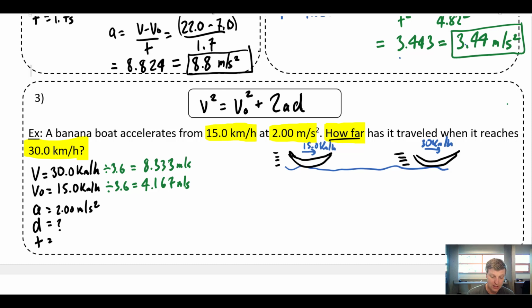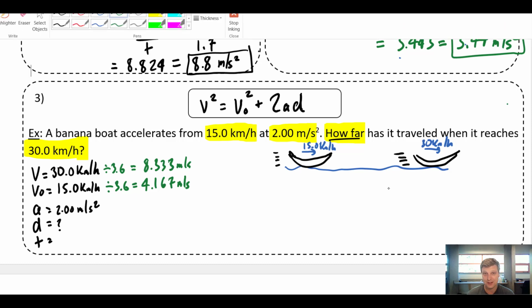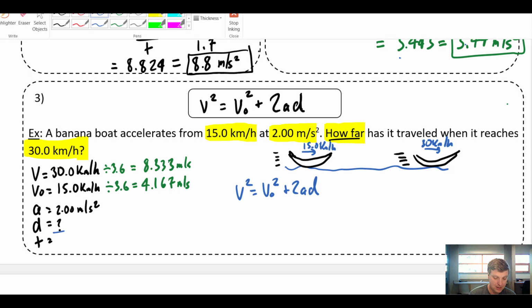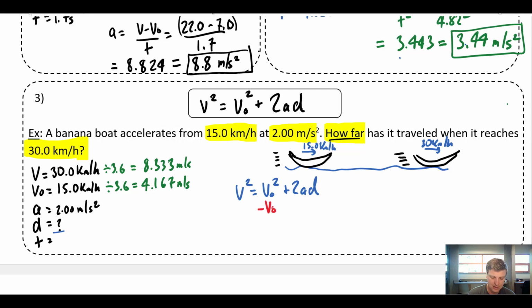Okay, so again, I've drawn my picture, I've got my variables, I'm now going to choose my formula, which again is easy because it's right there, but in the future it'll be more challenging. V squared equals V naught squared plus 2AD. And what are we solving for? Well, we're solving for displacement, that's what we want to figure out. So, SAMDEB says let's get rid of this, V naught squared. Let's cancel that out first.